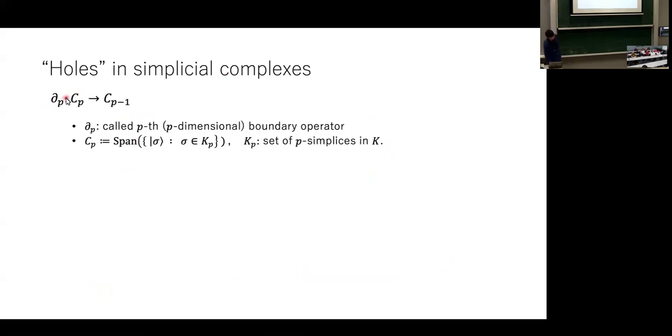We can define a boundary operator. C_p is a space spanned by p-dimensional simplices in a simplicial complex K. So this boundary operator maps C_p to C_{p-1}, and this is formally defined in this way.